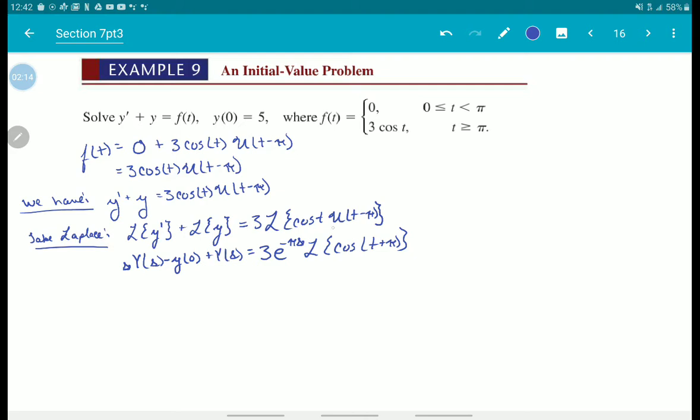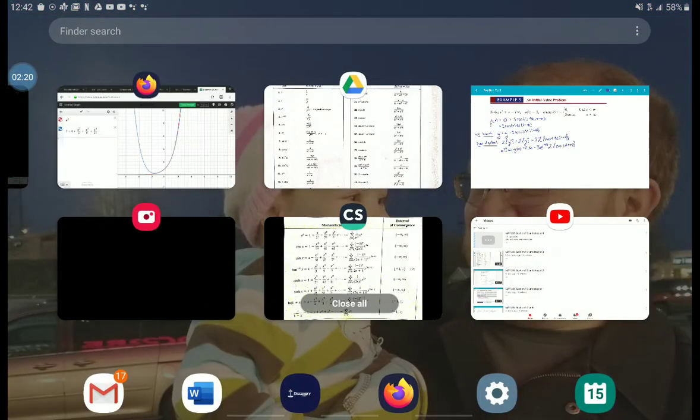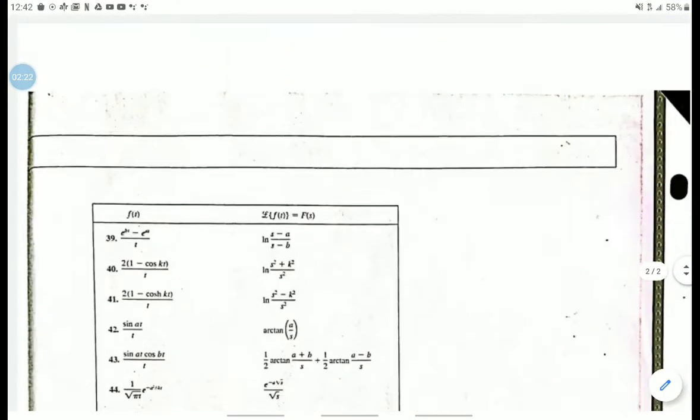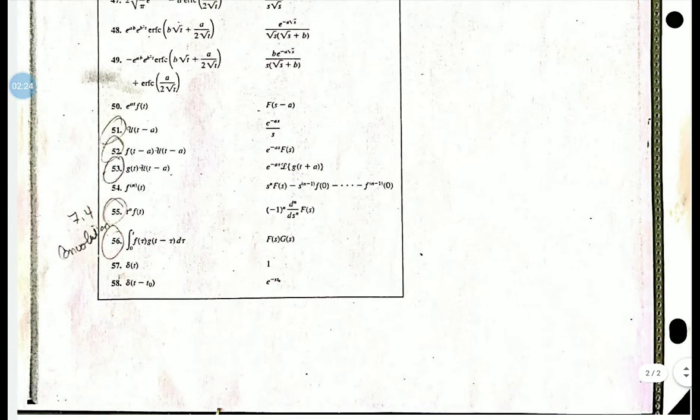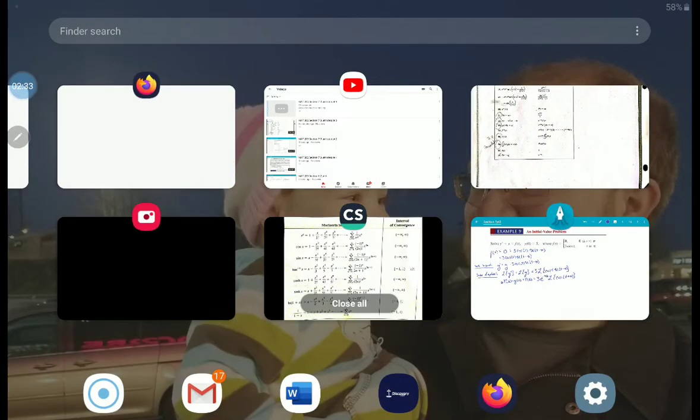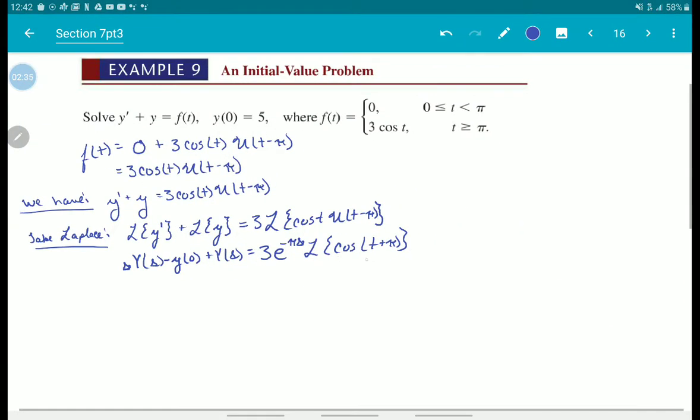So this guy is our alternative form for the Laplace. And that's going back to our cheat sheet. We derived that one. It was number 53. Making our substitution in there for a, and then replacing that t with t plus a. Now we really need to simplify this guy. So cosine of t plus a, our a is pi.